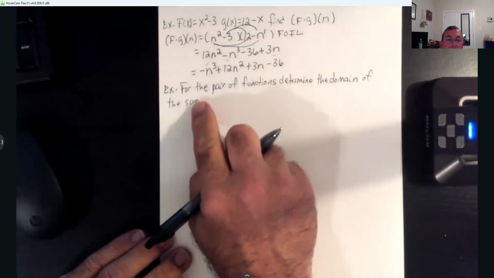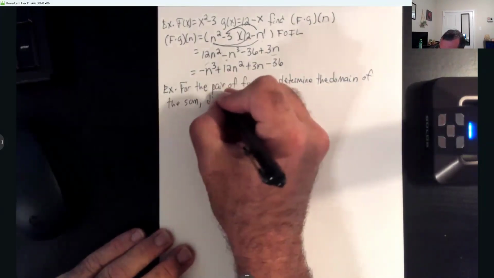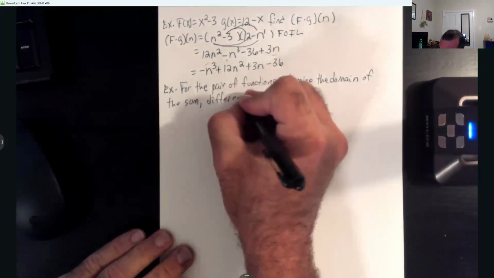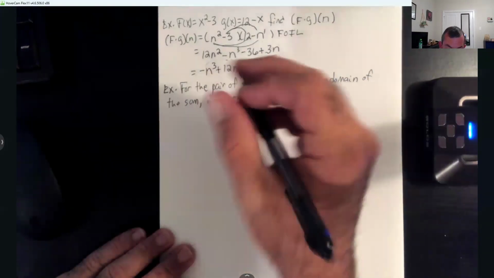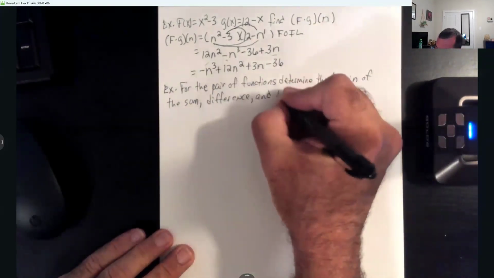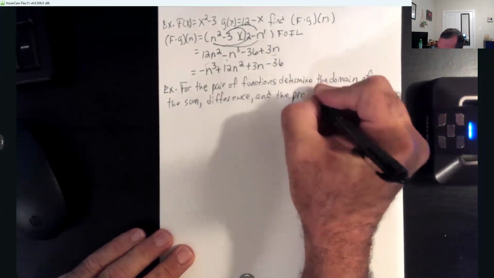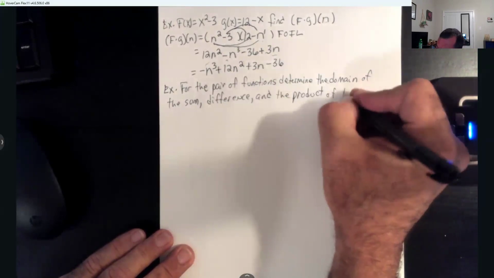So they want me to find a domain of adding the two functions, the difference, so the domain of subtracting these two functions, and the product of the two functions.